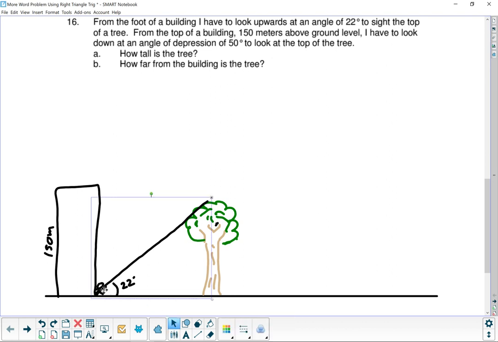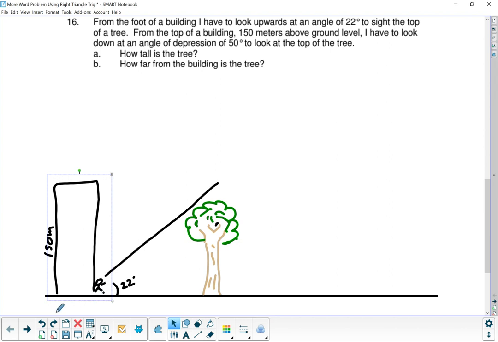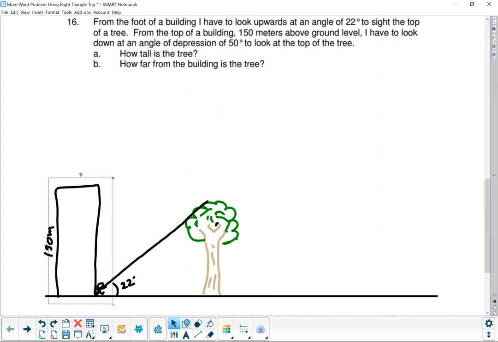Sorry, if you're on top of the building, from the top of the building, 150 meters above the ground, I have to look down at an angle of depression of 50 degrees.